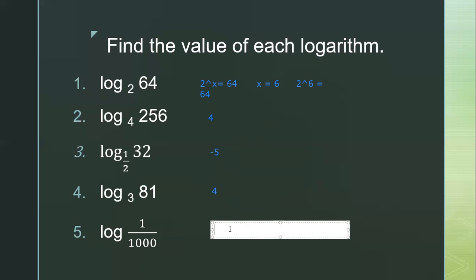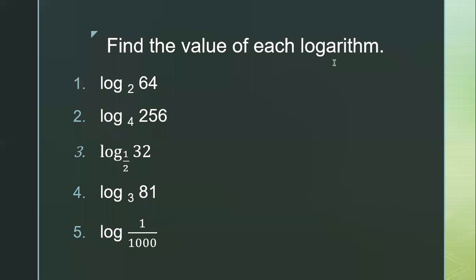To what exponent must 10 be raised to equal 1 over 1,000? And you're correct. That is equal to -3. So that's how we find the value of a logarithm. I hope you were able to learn how to evaluate a logarithm.